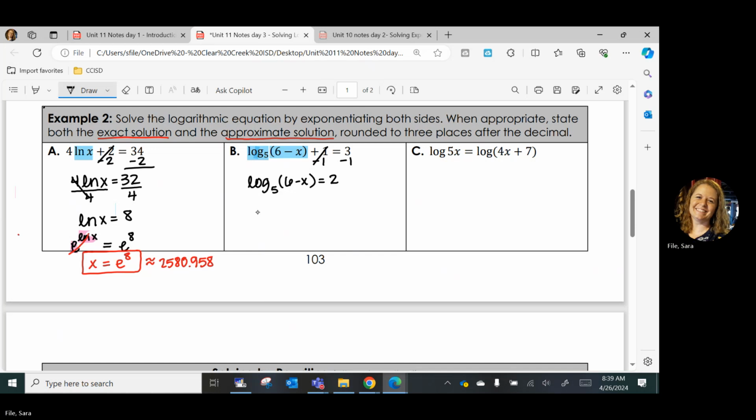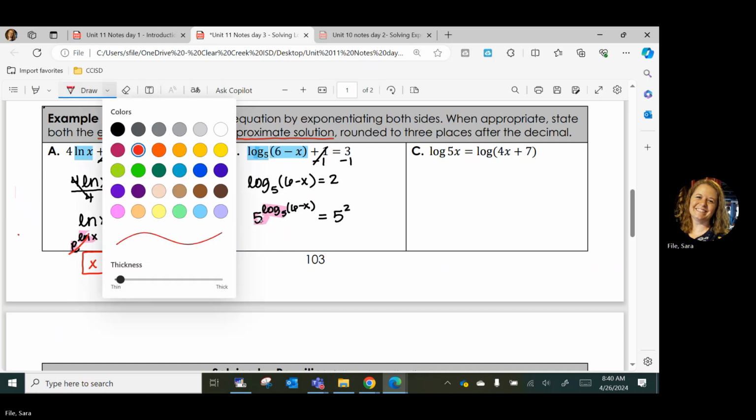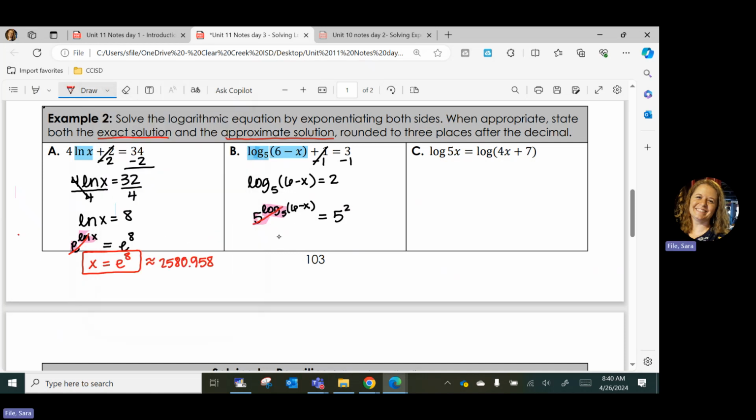So we're going to write 5 to the power of log base 5 of 6 minus x. And what we do to one side, we do to the other. So we need to write 5 to the power of 2. Now again, what happens there? What this allows me to do is say that this base 5 and this power of log base 5 are going to reduce and simply leave me with 6 minus x.